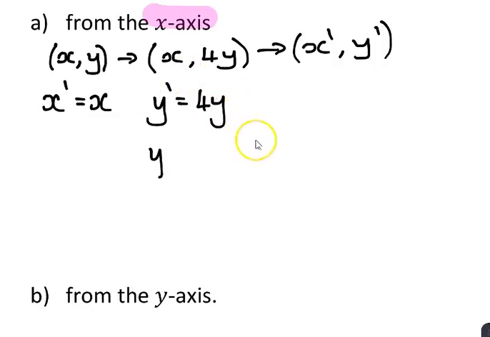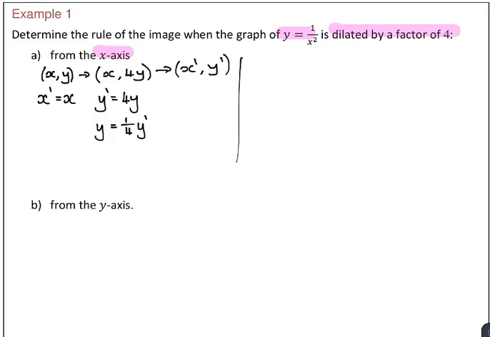So we're going to substitute in x equals and y equals to our original equation, but in order to do that, we do need to rearrange this. So we get y is equal to y new on 4, or 1/4 y new. Now taking our original equation, y equals 1 on x squared, we're going to replace the y with 1/4 y new and the x with just x new.